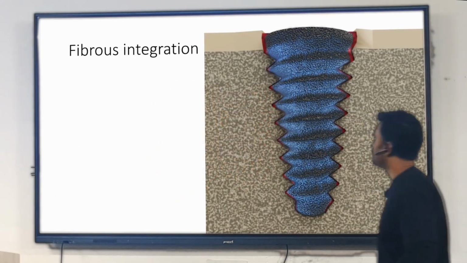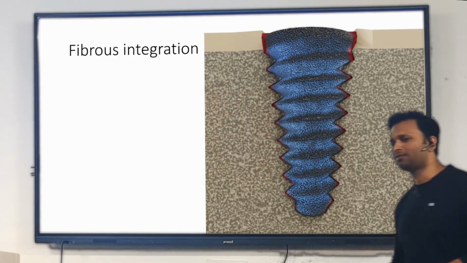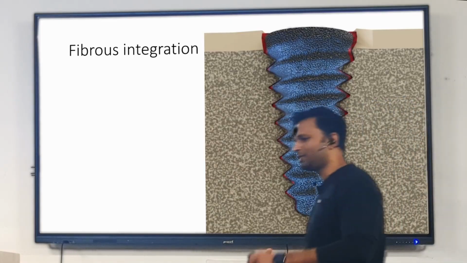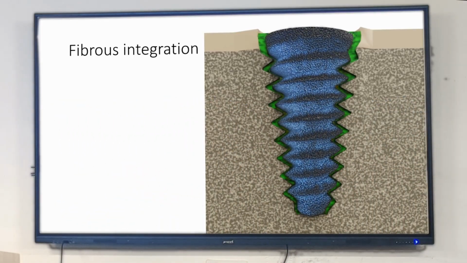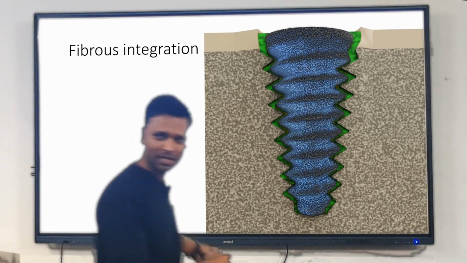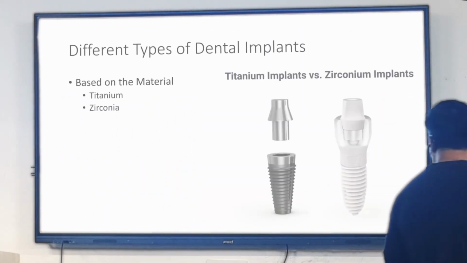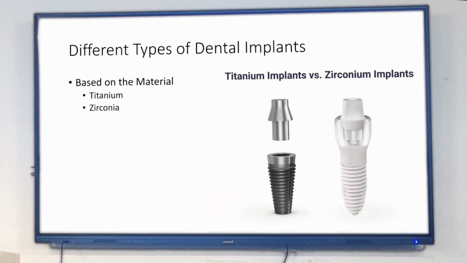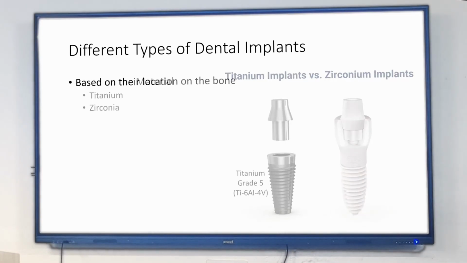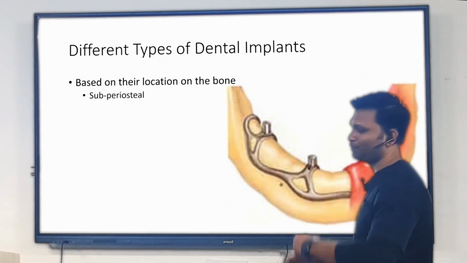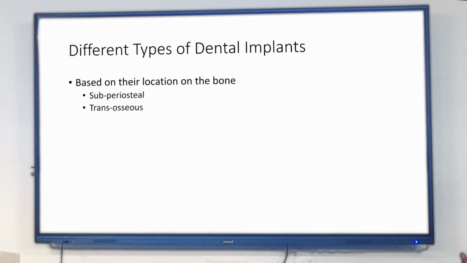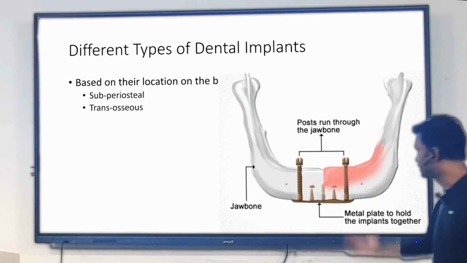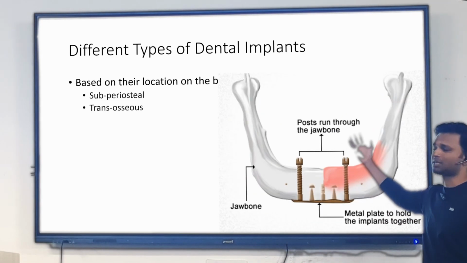Okay, and then I told you about fibro-osseous integration, fibrous integration, where if the implant is moving during the healing phase, it leads to a fibrous connection between the bone and the implant, and that is not desirable. Then I talked about different types of implants based on material and position, whether they are subperiosteal, inside the bone, that is endosseous, or going through and through the bone, that is transosseous.